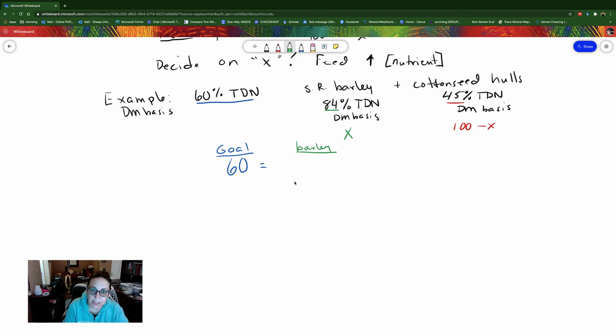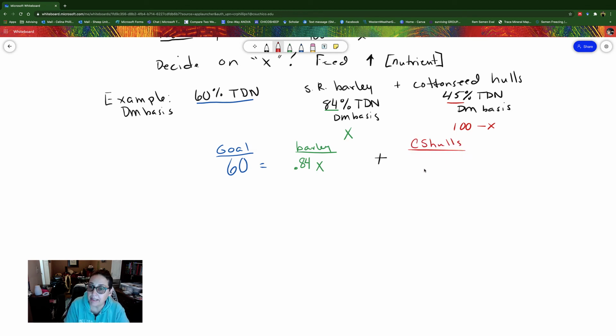Using that premise of the amount, in this case we don't know the amount yet, but that's X. But we do know the nutrient concentration is 84% or 0.84. So this is the same as saying the amount times the nutrient concentration. We're going to add that to the amount of cottonseed hulls.